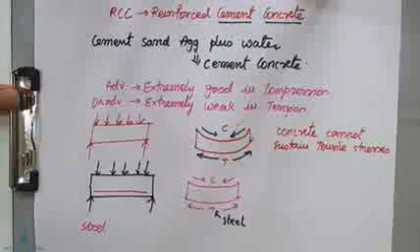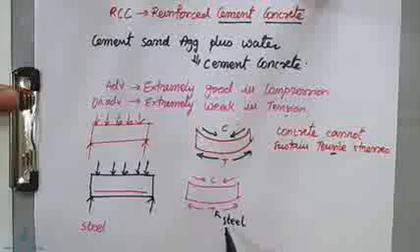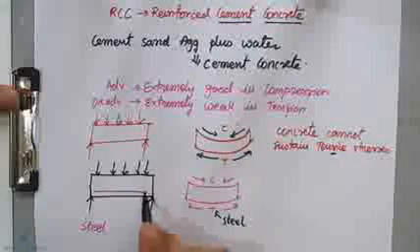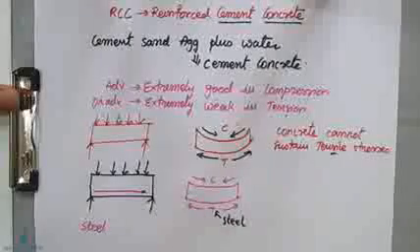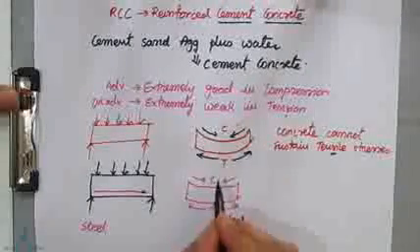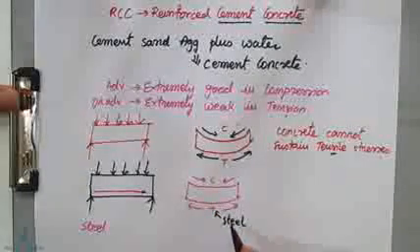Understood? The tension which the concrete cannot take is taken by the extra material we are reinforcing in the concrete, which is known as reinforcing steel. So the compression is taken care of by the concrete and the tension is taken care of by the steel.